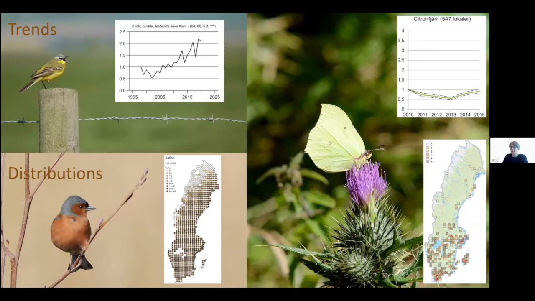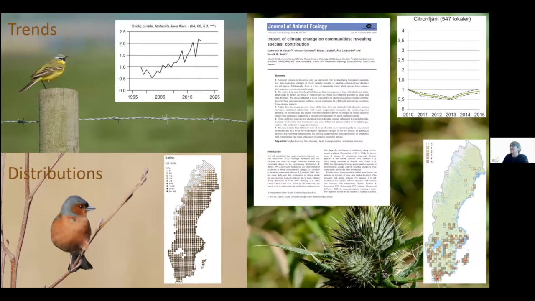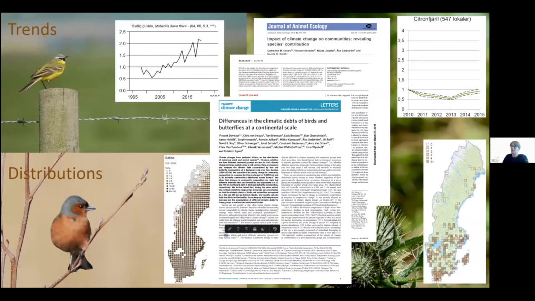Not sure about the English word for that, but also for reporting to various EU directives, etc. But it's not only environmental monitoring we can use this data for, also basic and applied science, like also Matthias mentioned, the effects of climate change. So here we have a few examples of studies that have been done on these data. So basically the same data or different parts of these data can be used and reused to answer different questions.